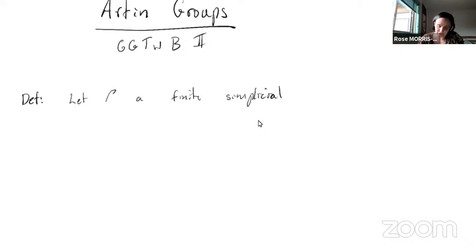So finite means there's a finite number of vertices, and simplicial means there's no edges going from one vertex to itself, and no multi-edges. And so we're going to label the vertices of this graph with this set S. So these are going to be the generators of our group.